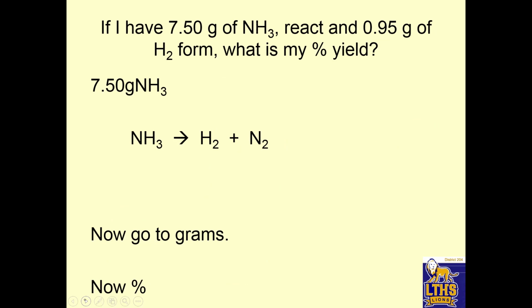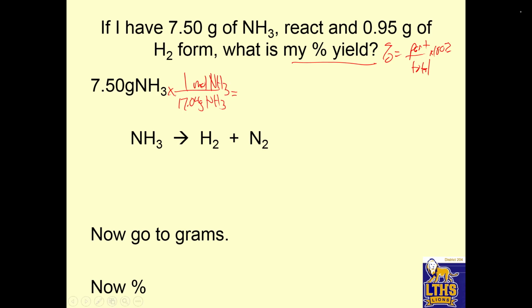All right, if I have 7.5 grams of NH3 react and 0.95 grams of H2 form, what is my percent yield? So now we've got to do percent yield. Remember, percent, as always, is part over total times 100%. So 7.5 grams of NH3 times dividing bar, and I had 17.04 grams of NH3 and 1 mole of NH3.